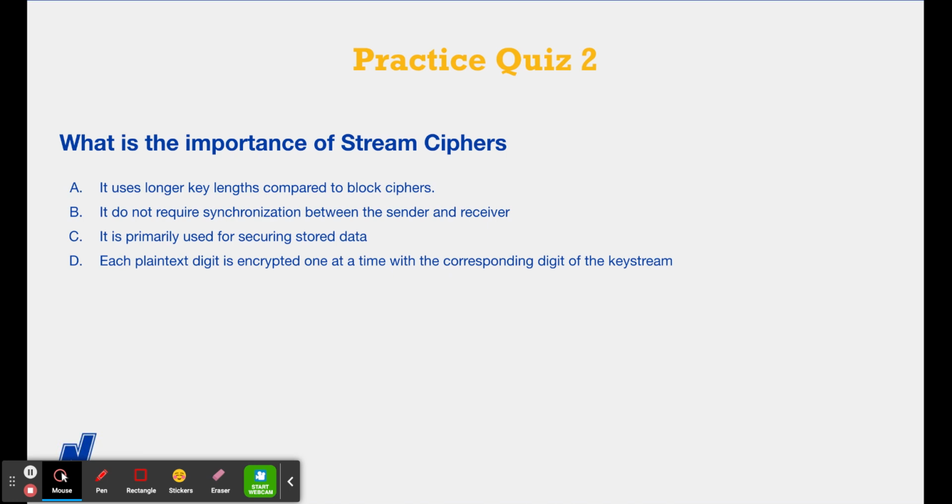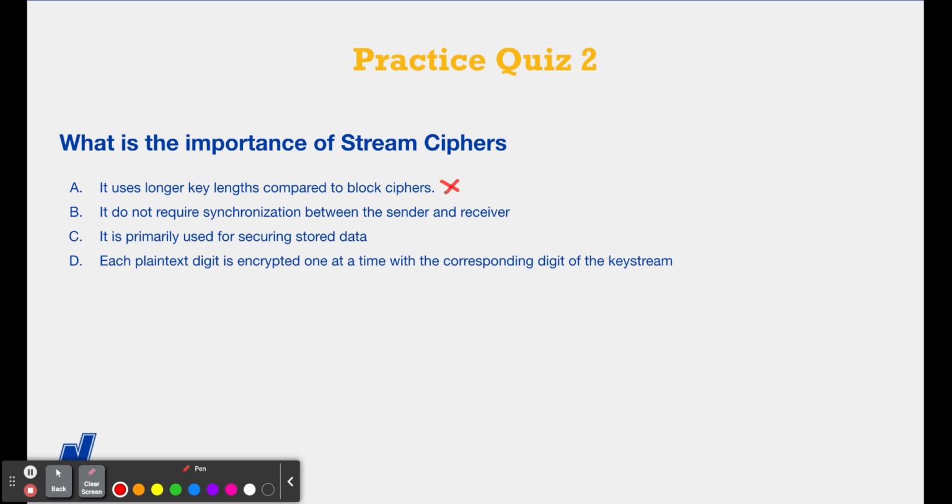Let me go here. Take out the pen. Is it that it uses a longer key length combined with a block cipher? I don't think we talked about block ciphers. We haven't talked about block ciphers yet, so that doesn't seem to be right.